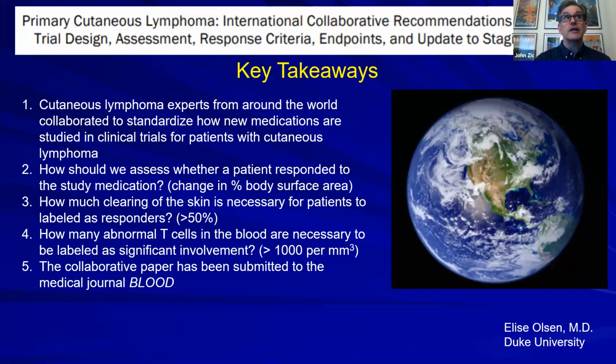The endpoint could be complete clinical response. The endpoint for some patients might be improvement of itching. So there are many different endpoints that we use in clinical trials so that we can label the trial as a success or not. So that's a brief summary of Elise Olson's excellent presentation on a collaborative paper that we hope to see published over the next 6 months.